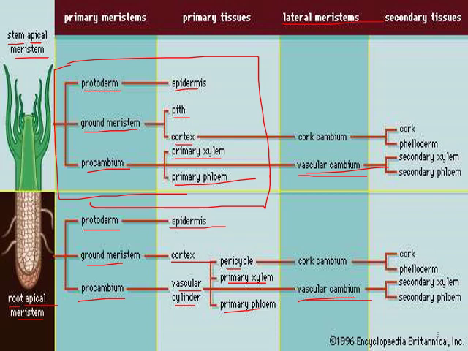So the vascular cambium, after division, as I already told in my previous lectures, plays a very vital role in secondary growth by the production of secondary xylem and secondary phloem.